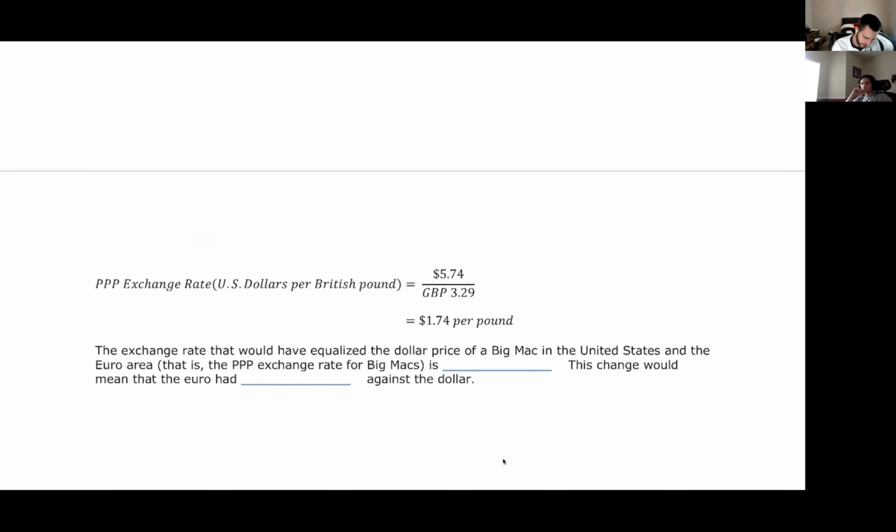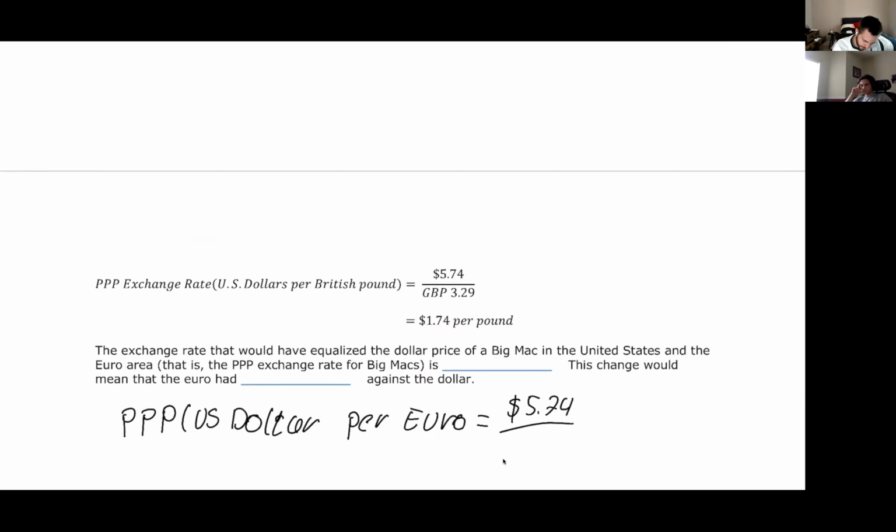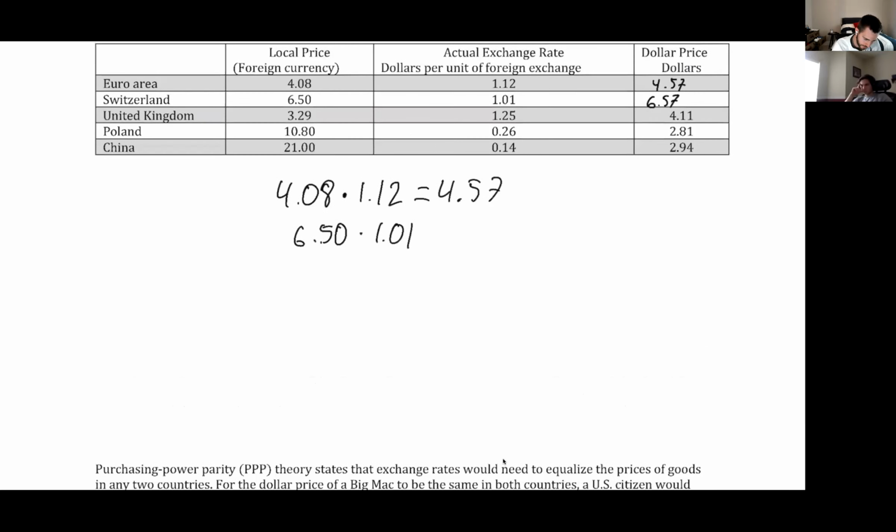You go up and you say PPP, then US dollar per euro equals, and then again $5.74 divided by, and then it's going to be euro. And what's their price?